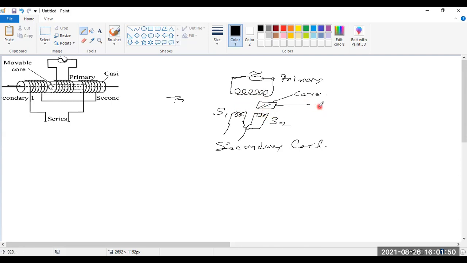So if I push this plunger or create some force so that this core displaces, then the core achieves a different position. Say this is position 1, this is position 2, this is position 3. So what happens when it is coming? This is the primary. When the core is at position 1, what happens?